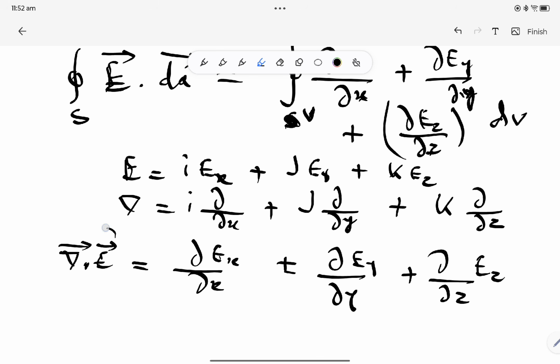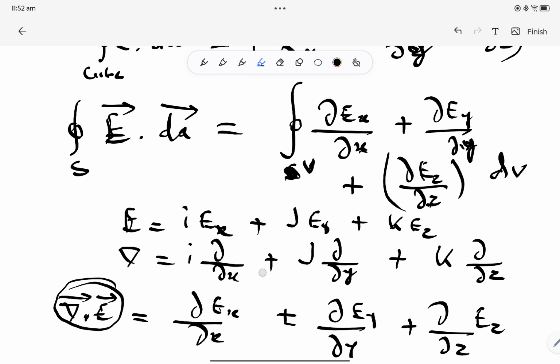So this is what we call divergence. At least one of the three must be there. So that is the story.